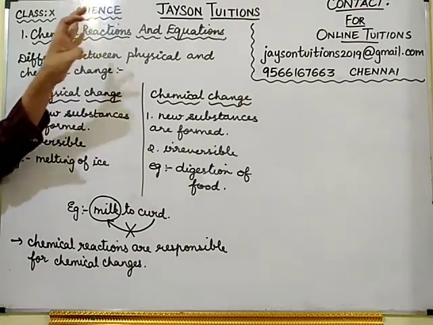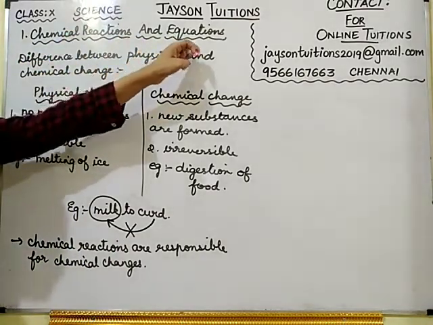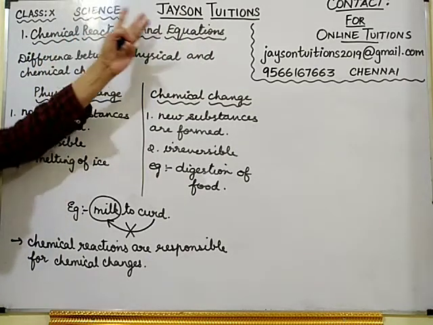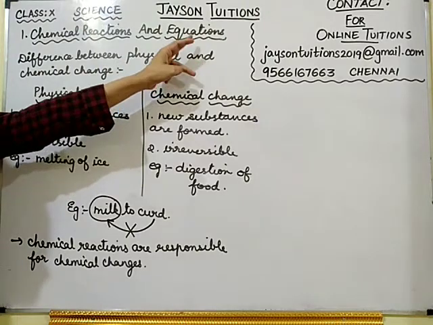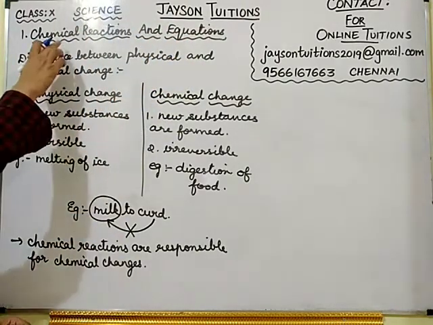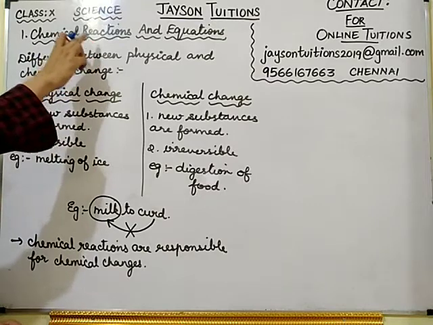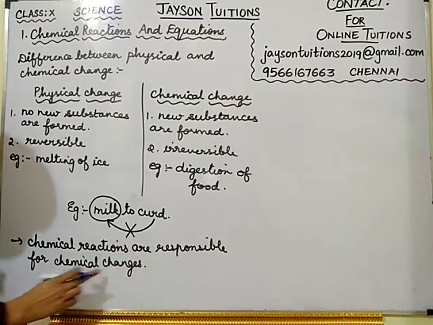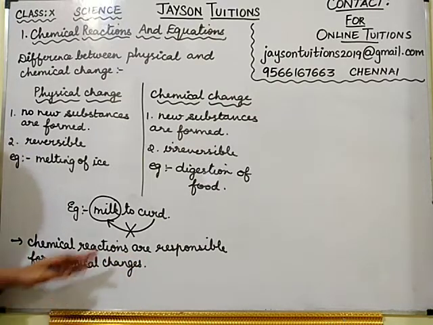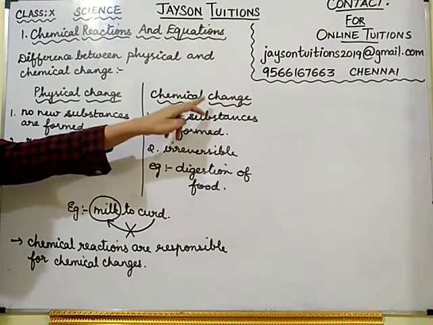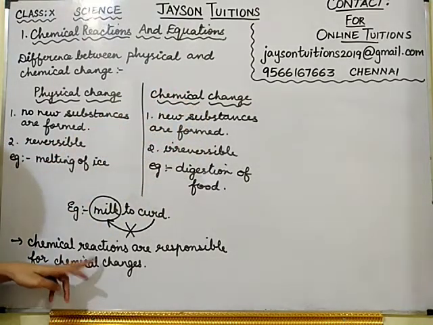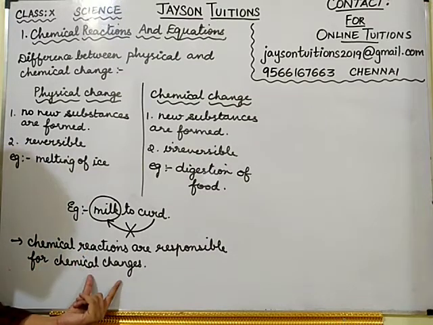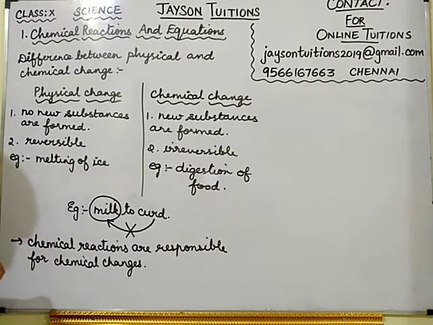Now see the lesson name, chemical reactions and equations. First we will study what a chemical reaction is, and then we will go on to the chemical equation part. A chemical reaction makes a chemical change. Only if the chemical reaction occurs, there will be a chemical change.